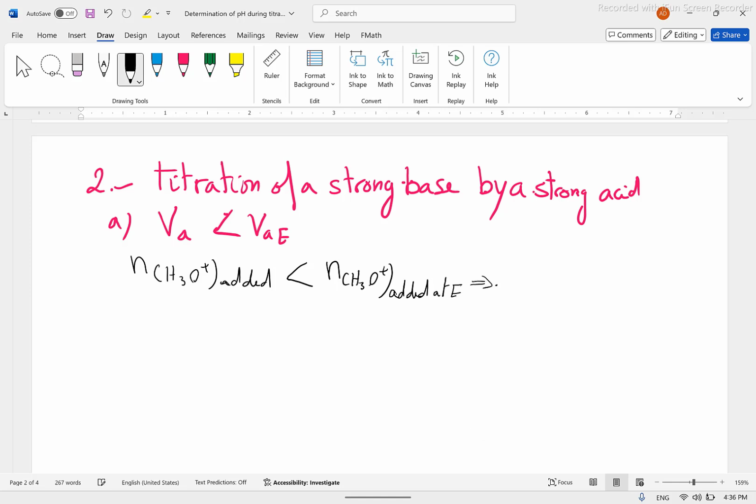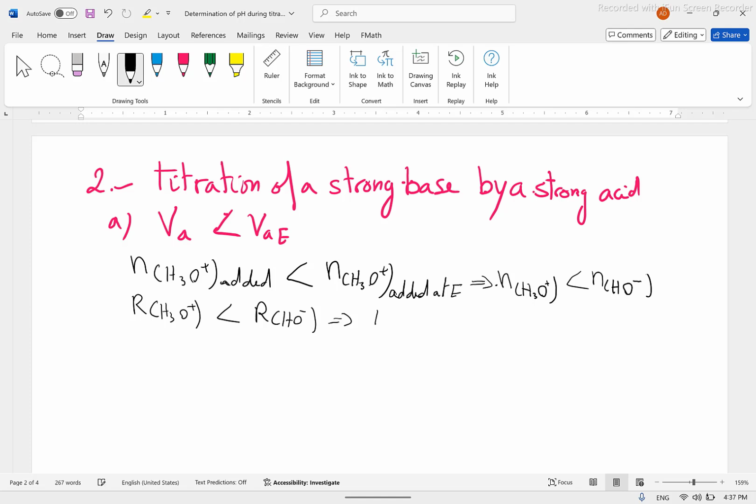That means the number of moles of H3O+ added is less than the number of moles of HO- introduced. Therefore, the ratio of H3O+ is less than the ratio of HO-.